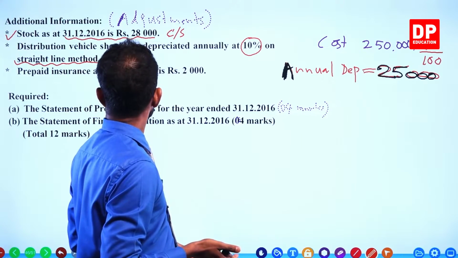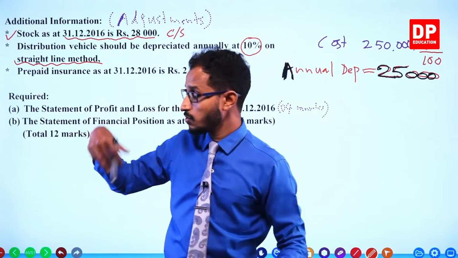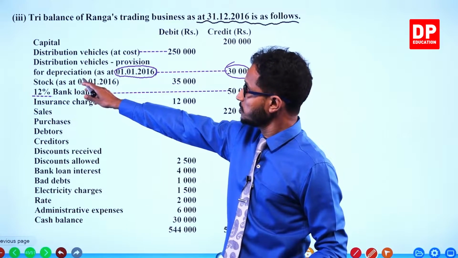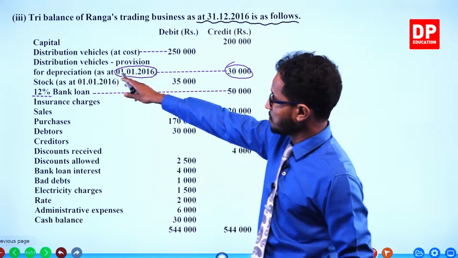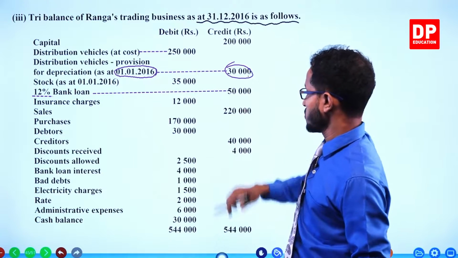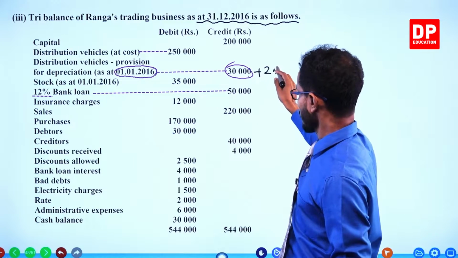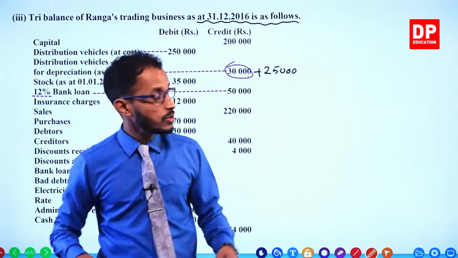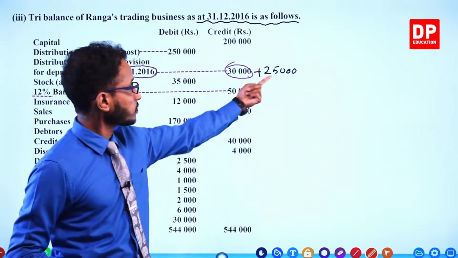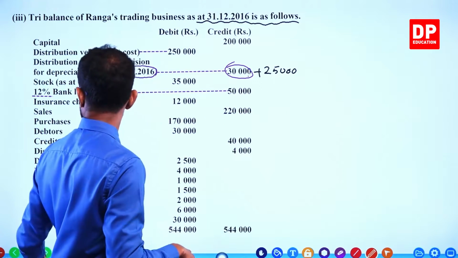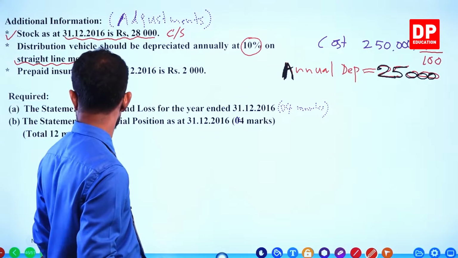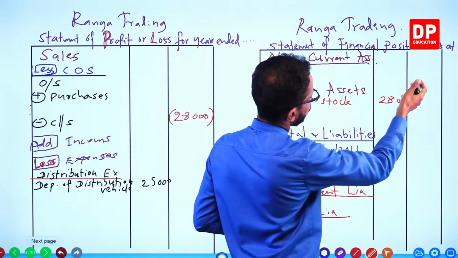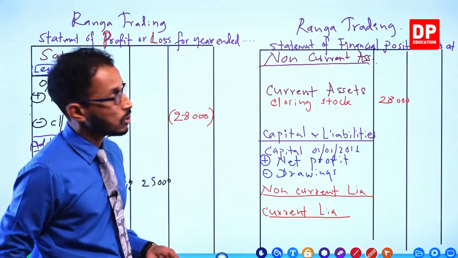But for the previous years, there was a provision given. So this year's depreciation should be added to the provision, and the total must be taken to the SOFP. 30 plus 25, 55.